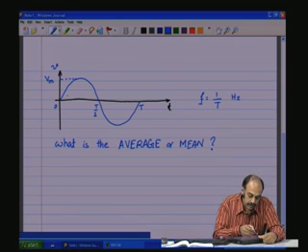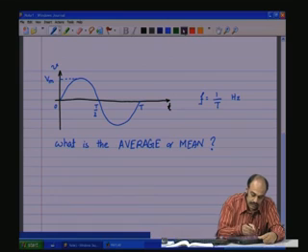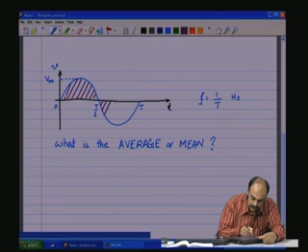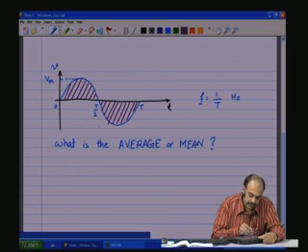It means the area under this curve divided by a base. So, the area under this curve is nothing but this, what is being hashed. This is the area under the sine curve, the portion that is hashed, divided by the base, and the base in terms of the x-axis is T.